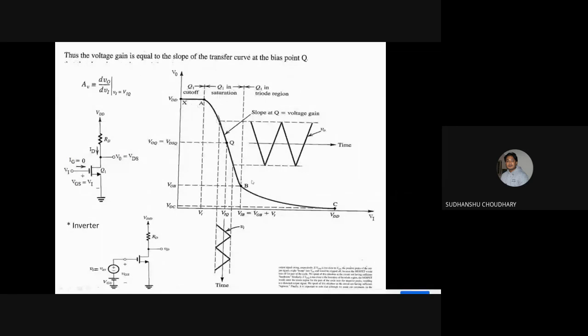Otherwise, the output waveform will be clipped. The positive part and the negative part could be clipped, and you can also have distortions in the amplified output signal. That is why the best location is to bias it at the center of the load line or at the center of the transition region, or saturation region, in the voltage transfer characteristics.